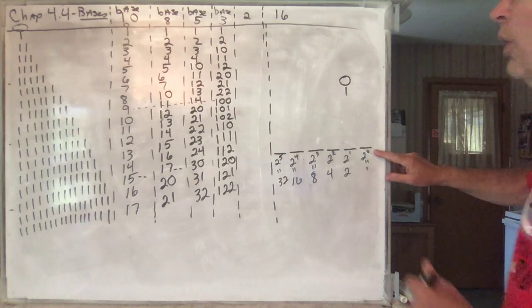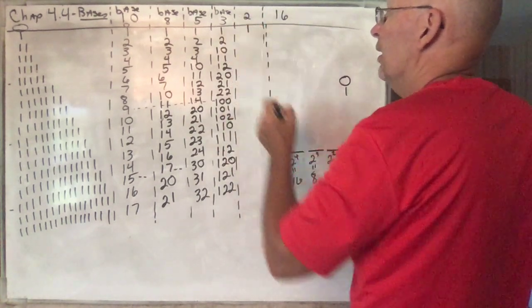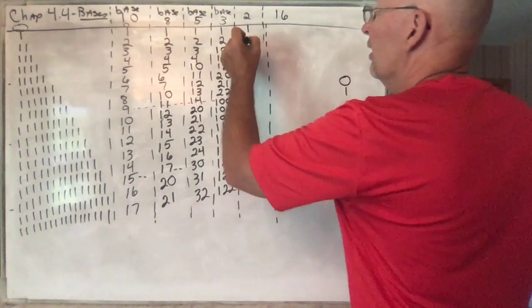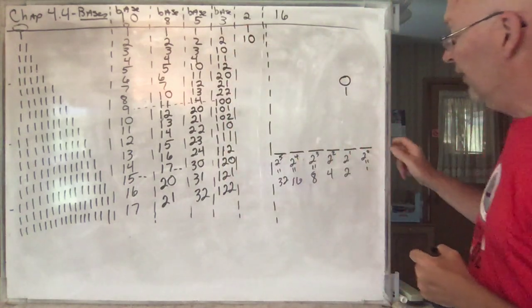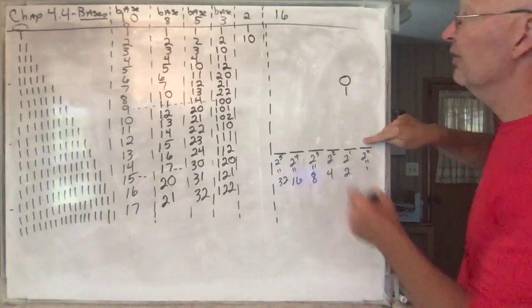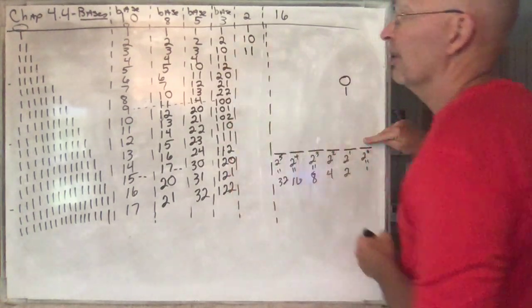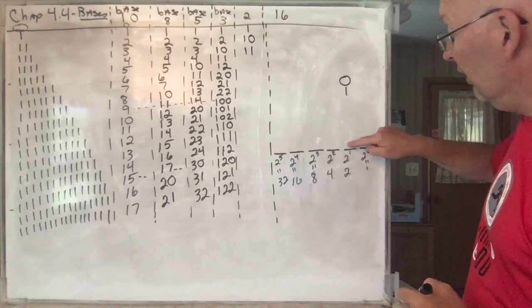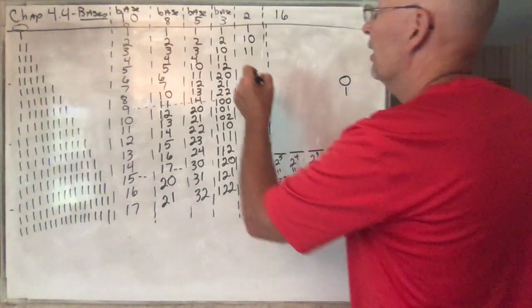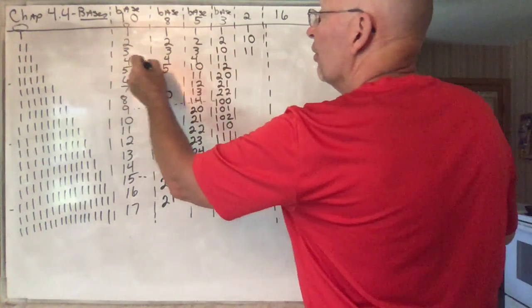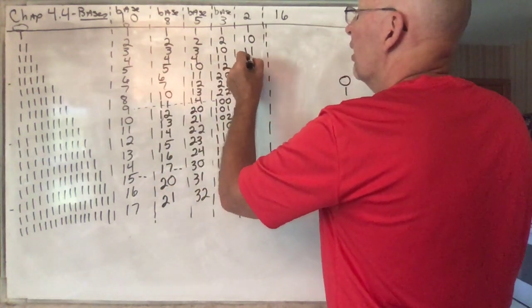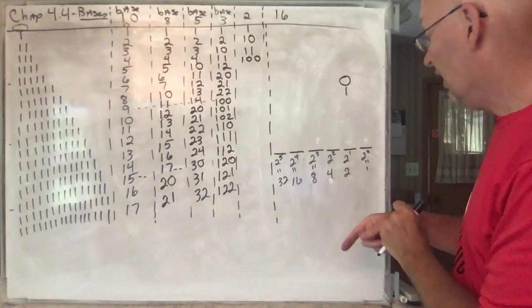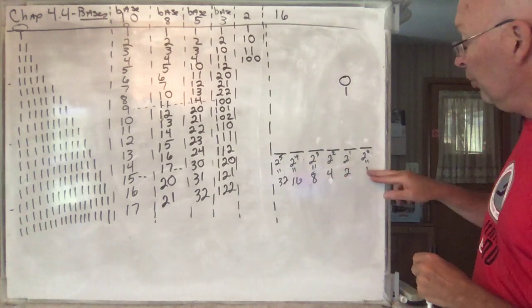Okay? So let's think what we want here. So we're going to start with a 1. Then here's a 2. A 2 is 1 right there and 0 here. Then a 3 is going to be 2 plus 1 is 3. It's like that. 4, well, you have to go all the way here to 4. So here's 4 right here. 5 is going to be what? 4 plus 1?